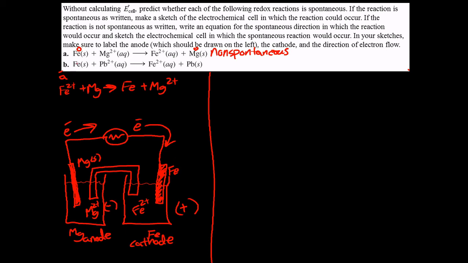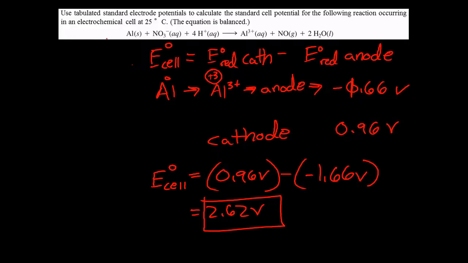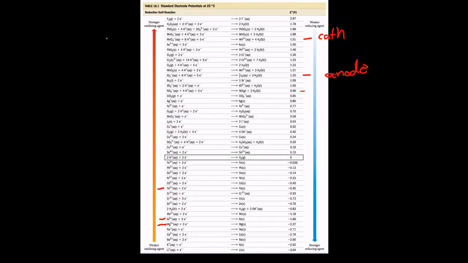So then for the other one, we have iron again. So it's the same half reaction we had in the first one, so we don't have to look for that one. But we have lead instead of magnesium. So lead 2+ going to lead. If we go back here and check for that, lead is here. Lead going to lead 2+. So now the iron is lower on the table.